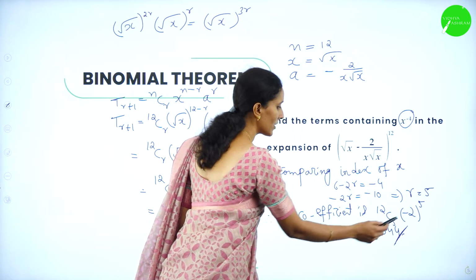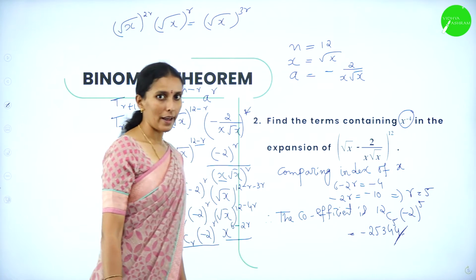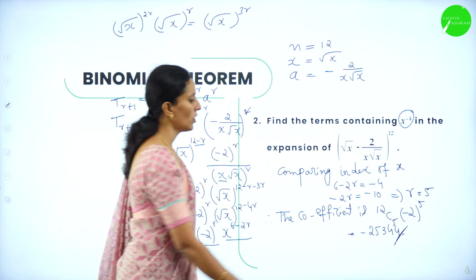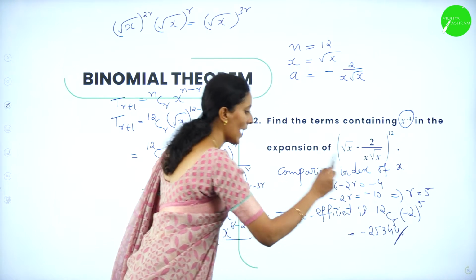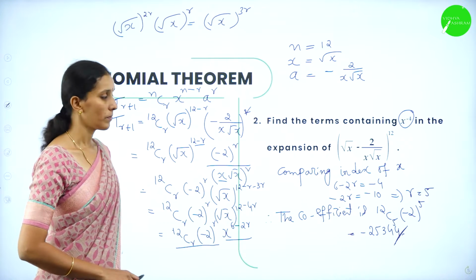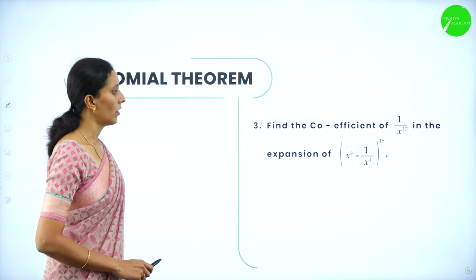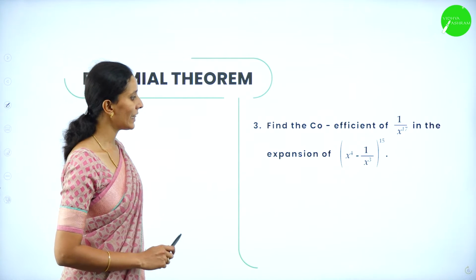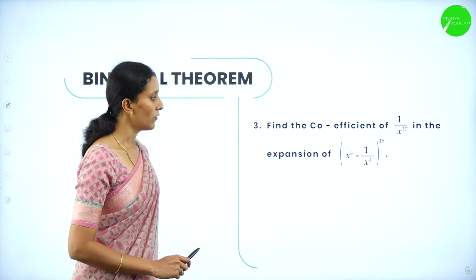So why is it negative? Because you have an odd power there. So when you have odd powers, the value will be negative. So solving this, I'll get the answer as minus 25,344.